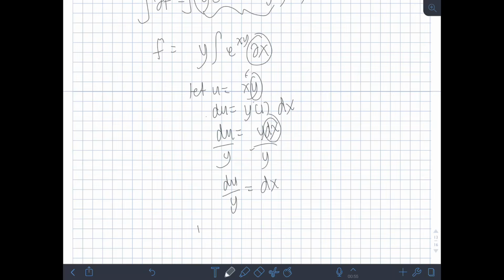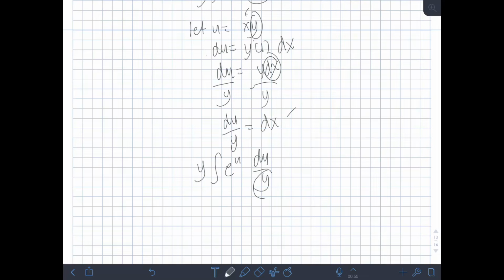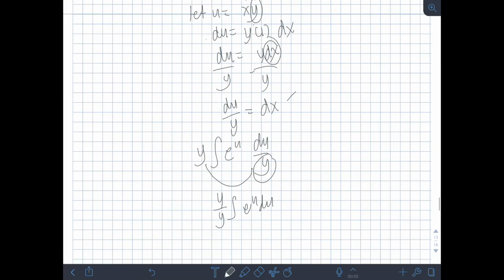Now we substitute: y times the integral of e raised to u, with dx becoming du over y. Since y is constant, we take it out, so y over y times the integral of e to the u du. The integral of e to the u du is simply e to the u. The y over y cancels, so we have just e to the u. Then we return u in terms of xy.